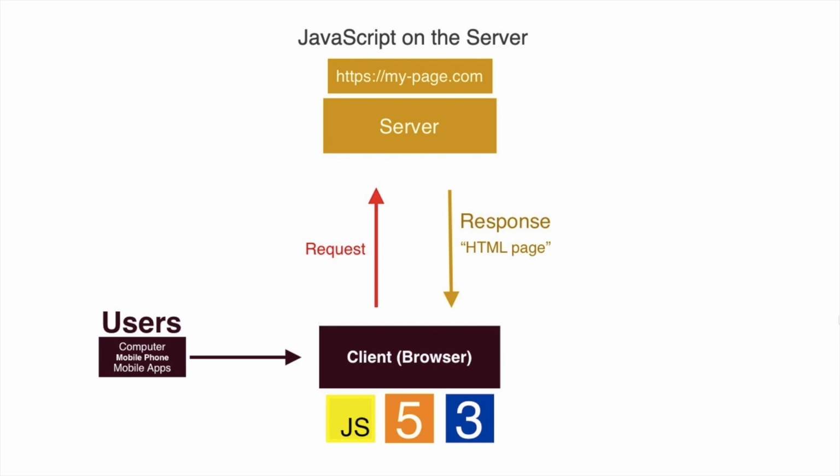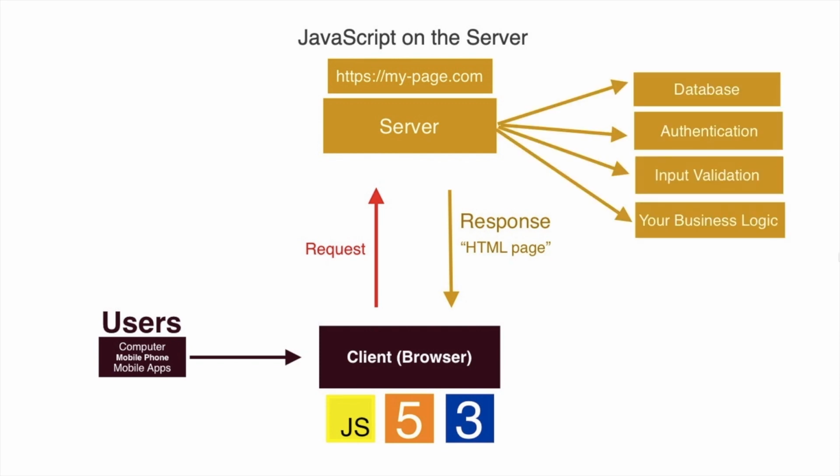Now on the server, we typically do tasks that we can't or don't want to do from inside the browser for performance or security reasons. We connect to databases, for example, to fetch and store data. We do user authentication, which we obviously can do only in a place the user can't access to make it more secure and avoid it being hacked. We do input validation to see if the user entered a correct email address.